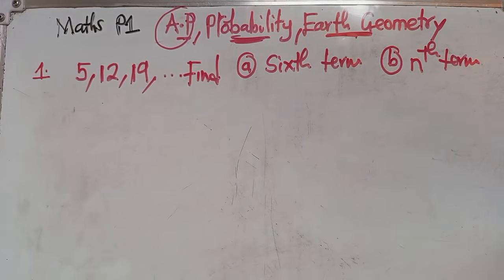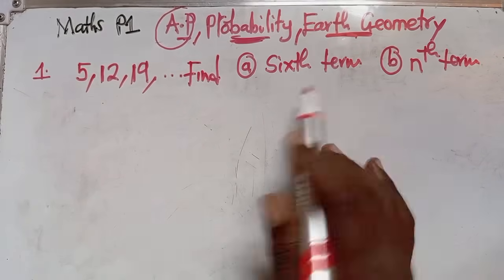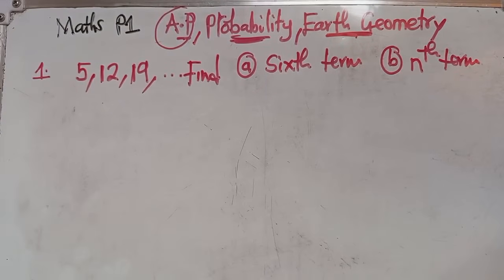Before you go any further, it is very important to understand the formulas that we use here. We have the formula for the nth term. You also need to understand the formula for the sum of the nth term. All those formulas, you are supposed to know them.